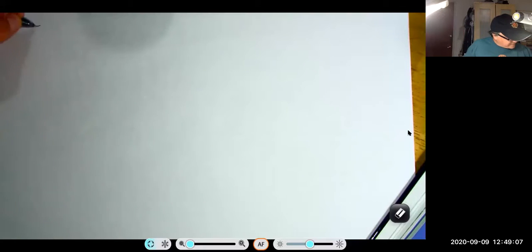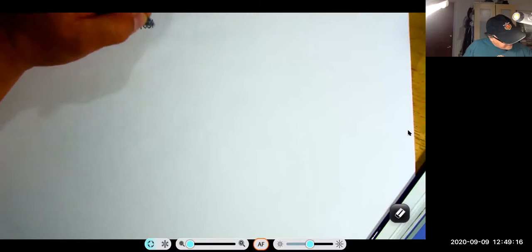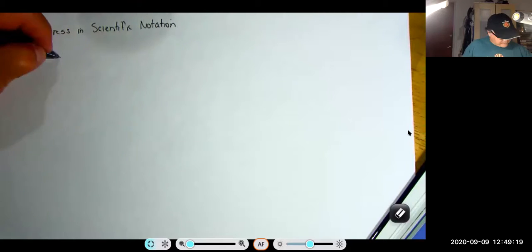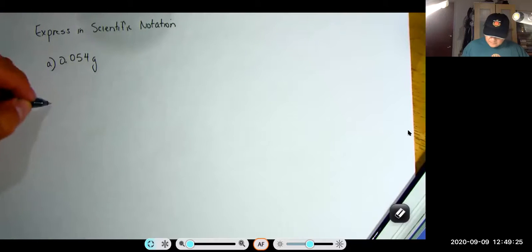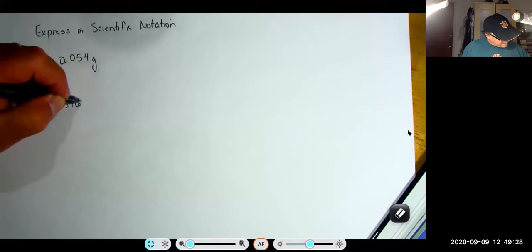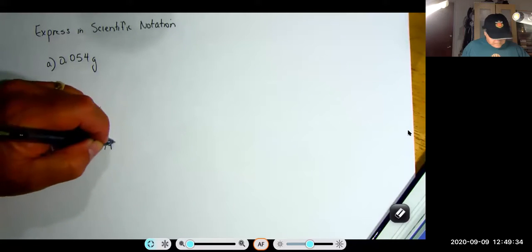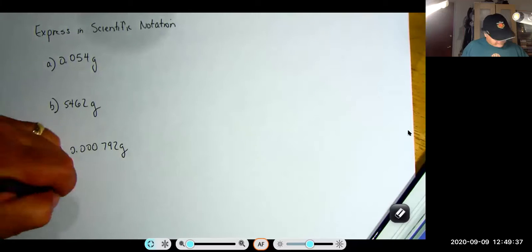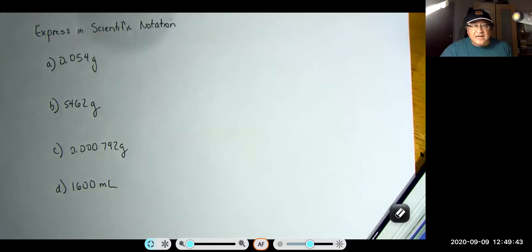All right, here's another one that says, express the following in scientific notation. Okay, so here's how we put things into scientific notation.